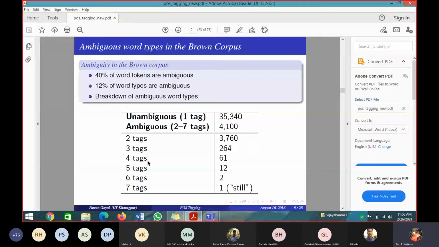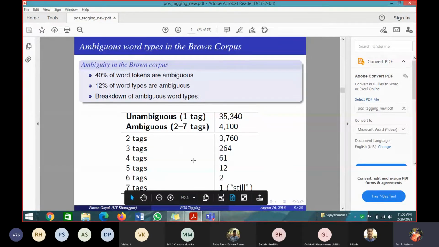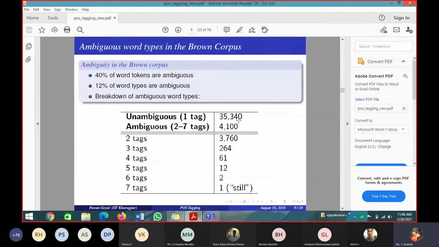So they analyzed that 40% of the tokens are ambiguous and 12% of the word types are ambiguous, and they have broken down the ambiguous word types like this. What is unambiguous? One tag. So 35,340 words have only one tag. Is there any ambiguity for that?